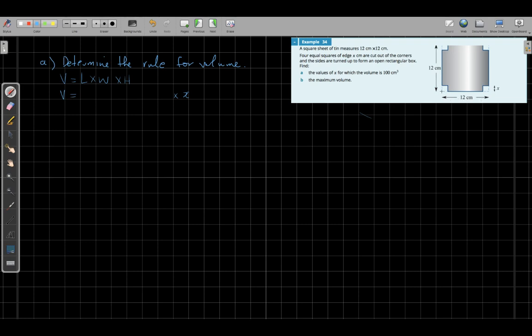I hear you say you'd subtract. You're going to subtract 2x from 12. So the expression in terms of x for the width is going to be 12 minus 2x. And similarly, the length is going to be 12 minus 2x.